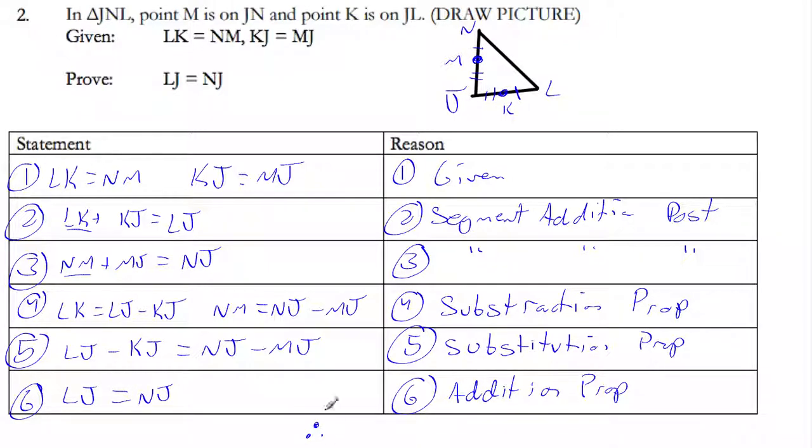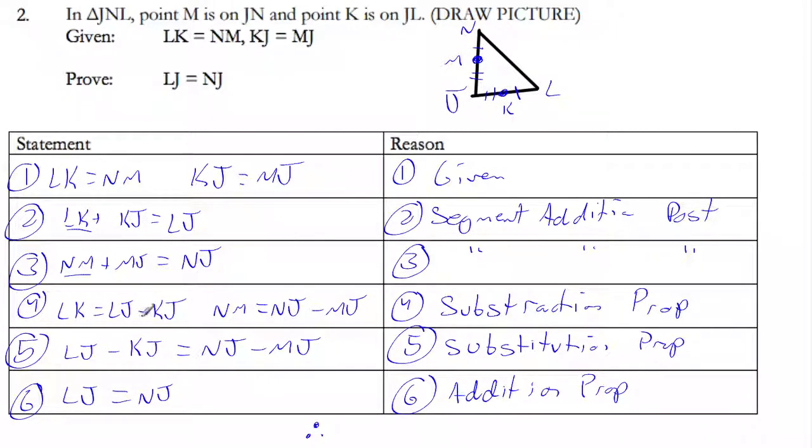So to recap, I'm given that these two portions of the segment are congruent to each other. So I use segment addition to create an equation in steps 2 and 3 for each of these sides using the smaller segments. Using subtraction, I isolate LK and NM.